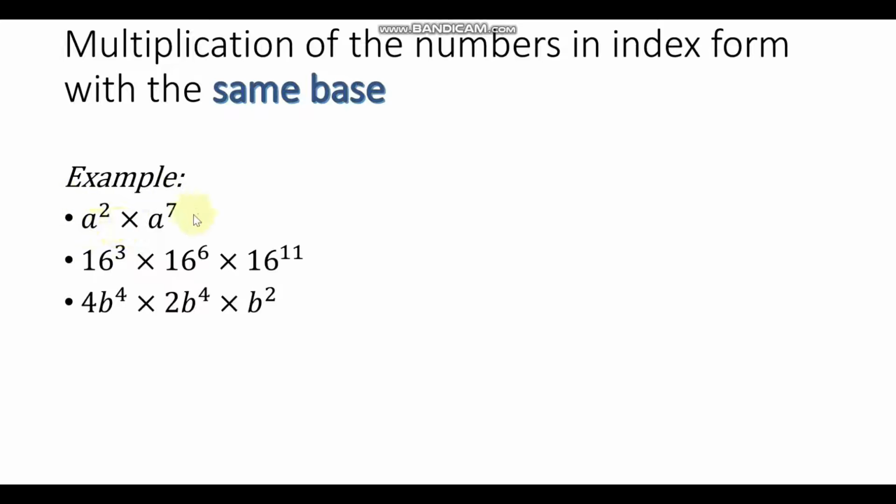So in this question, it only has one base, which is A. For the second one, we also only have one base, which is 16. And for the third one, the base is B.